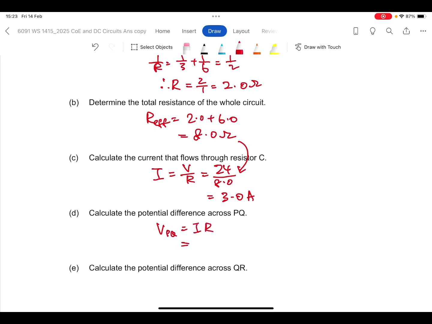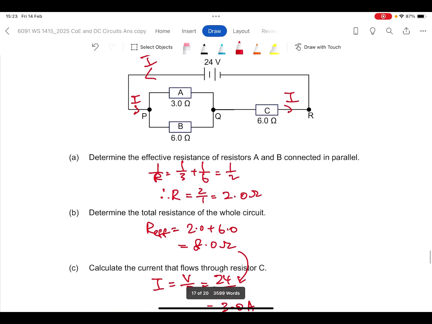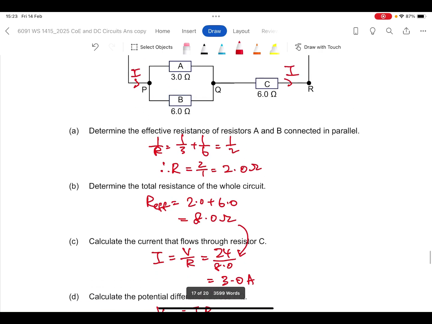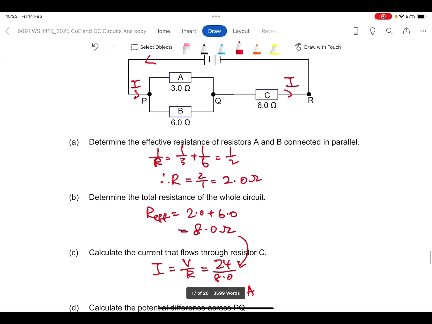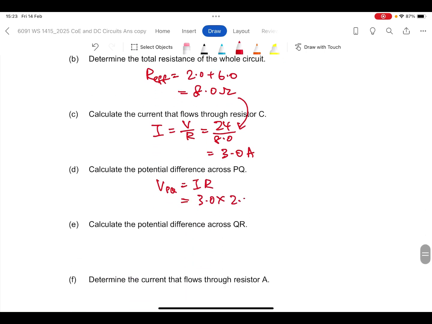The current is the main current in the circuit, which we have just found to be 3.0, and the resistance of the parallel part alone is 2 ohms. So 2 ohms times 3 is 6. You get 6 volts.